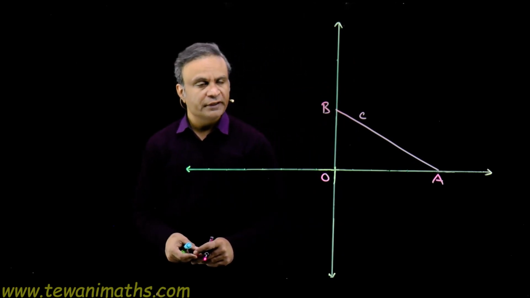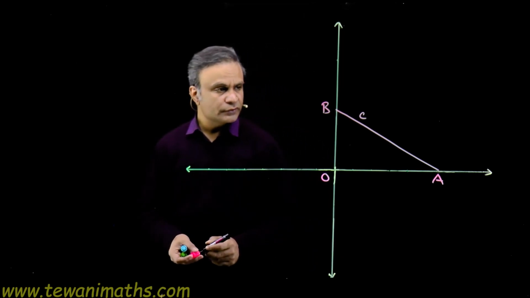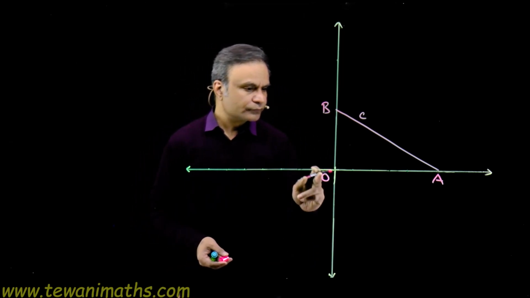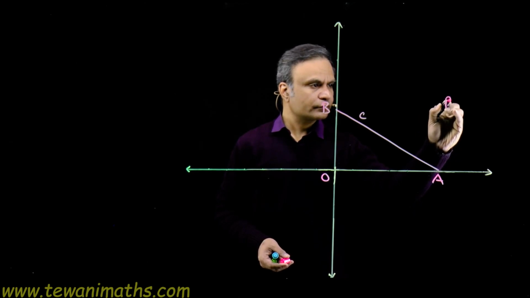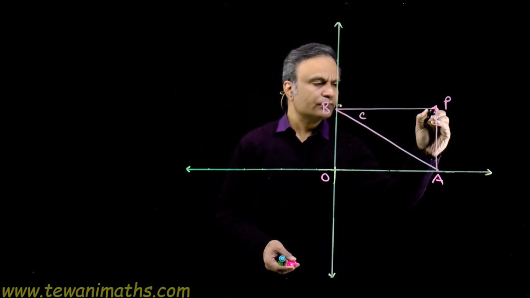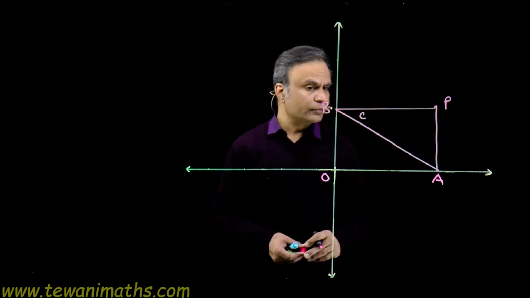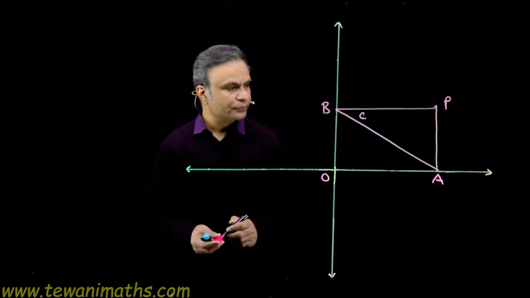Length AB is C units. Now we draw rectangle OAPB. This rectangle is variable because A and B are variable, so point P is also variable.